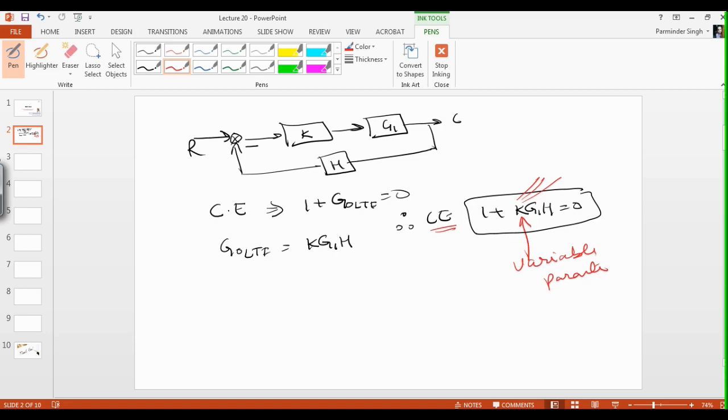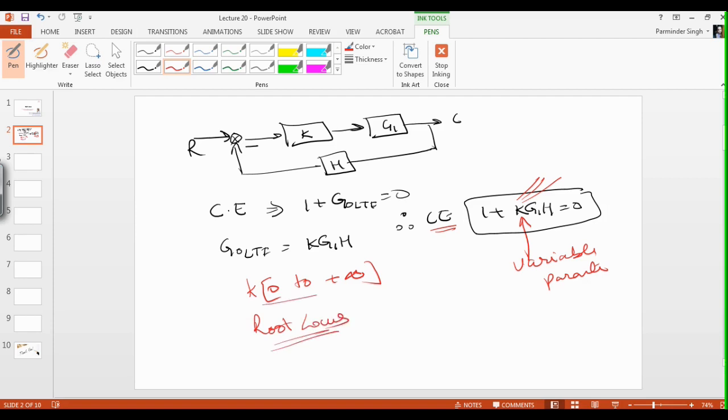So if we vary K from 0 to positive infinity, then for each value of K we will have a different set of locations of roots of the characteristic equation. I again repeat, for each separate value of K we will get a separate set of root locations. Now if all those locations are joined, the resultant locus will be our root locus.